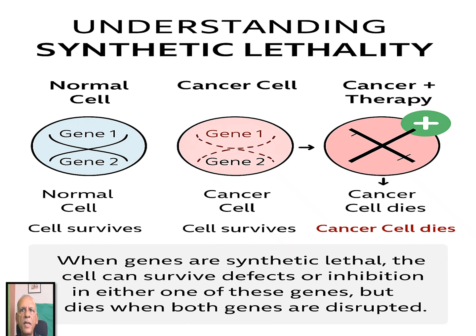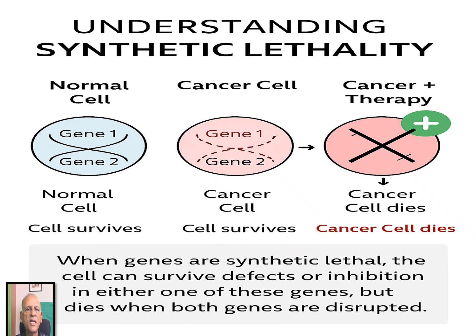Okay, in cancer cells, how can we use this? Like I told you, instead of gene X or gene Y, I put it as gene 1 and gene 2 here. Cancer cells have mutations.